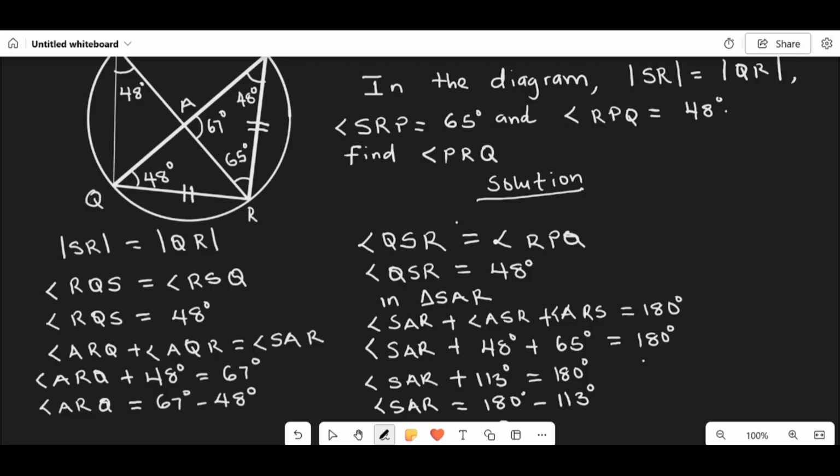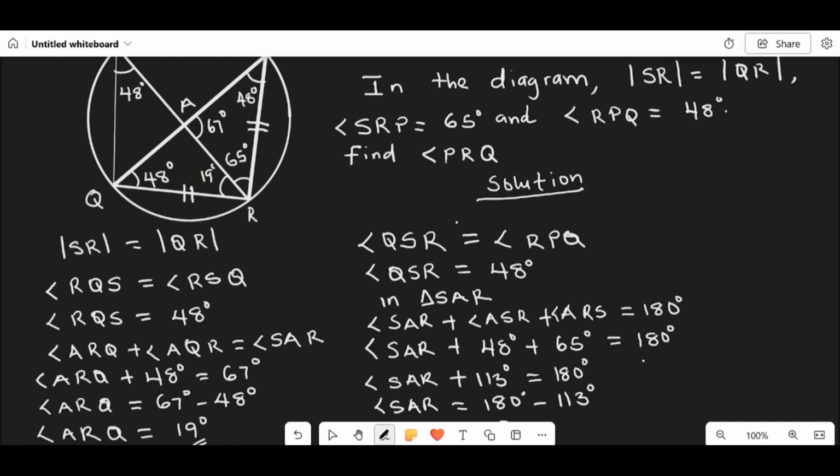If we transpose 48 degrees to the right hand side, the positive sign will change to negative sign. So we are going to have angle ARQ equal to 19 degrees. So our angle ARQ is equal to 19 degrees.